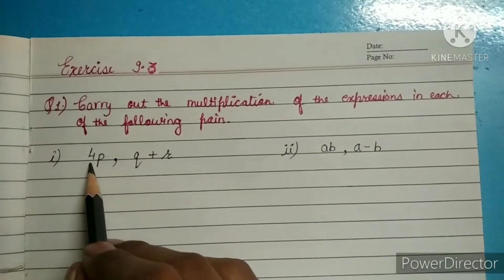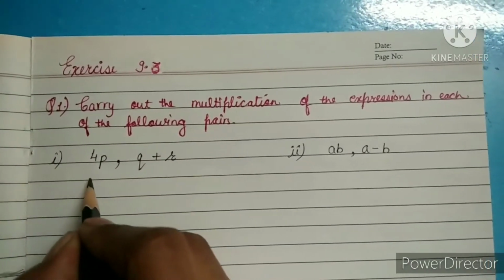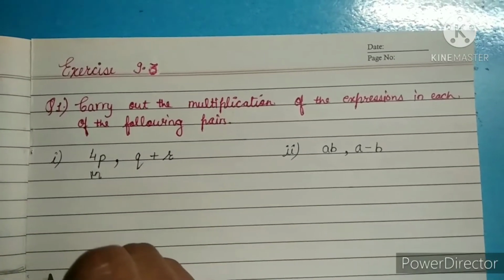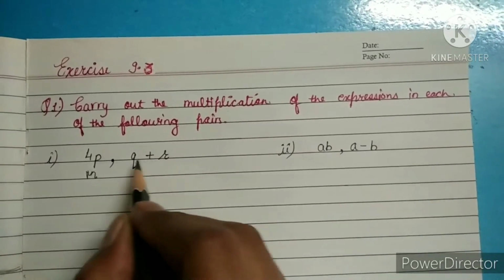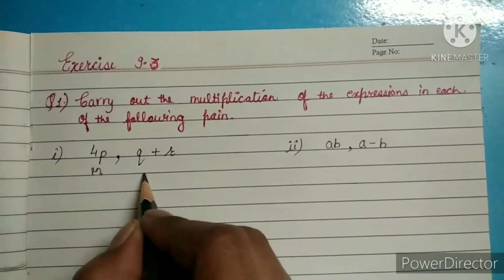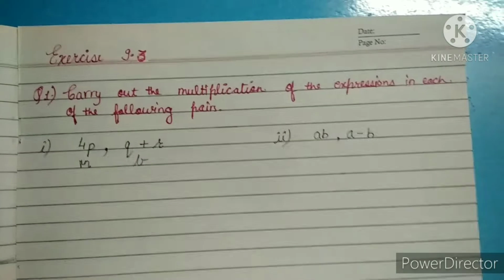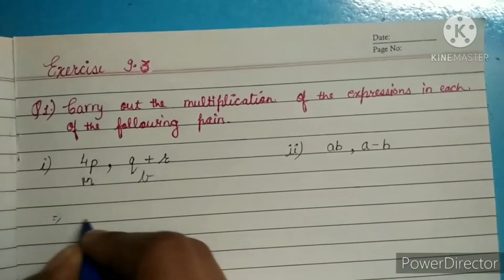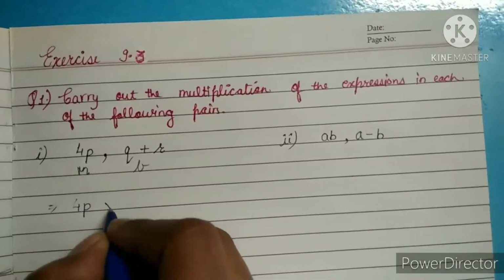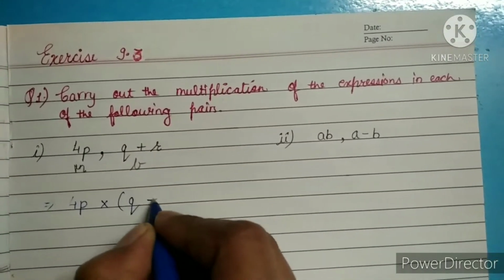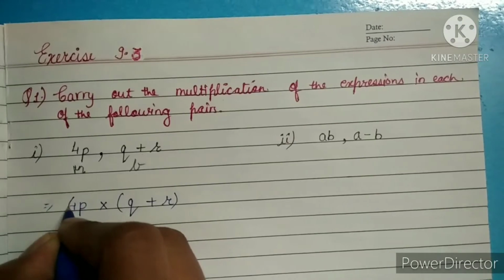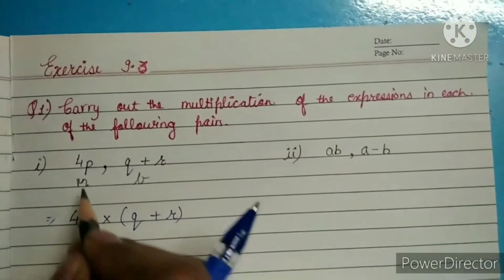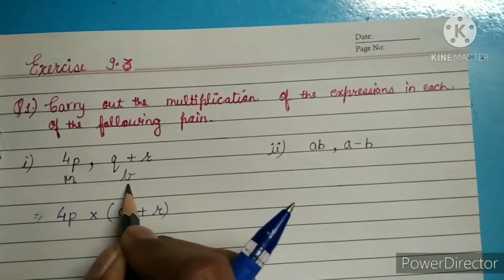You can see in the 4p we have only one term, that's why this is monomial, and here q plus r, 1 2, so this is a binomial expression. We have to multiply 4p into q plus r. We are doing the multiplication of monomial to binomial.